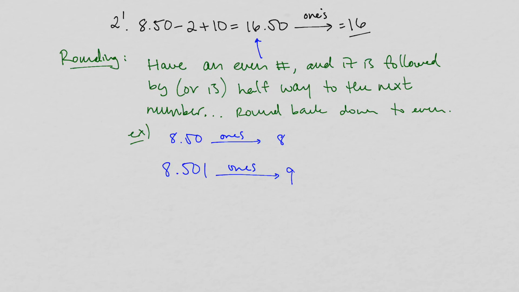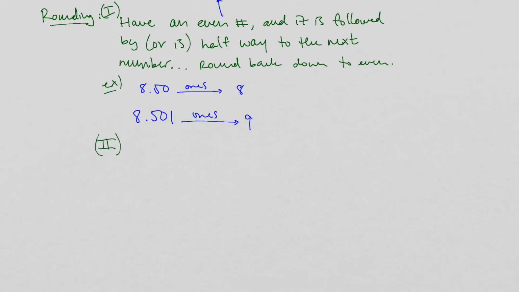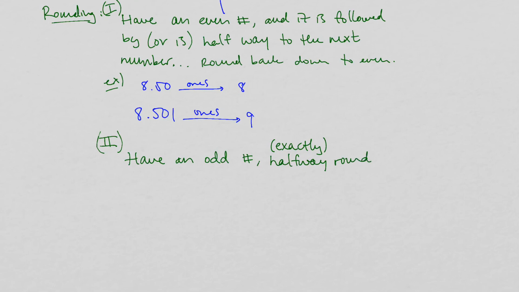Okay, this is part 1. This now is part 2. If you have an odd number, halfway between an odd number and the next highest even number, exactly, rounds up to the next even.